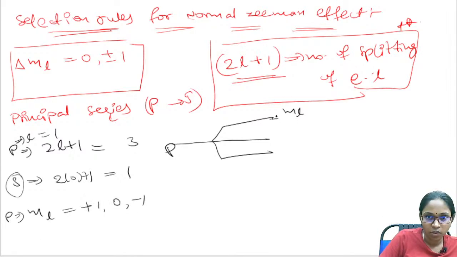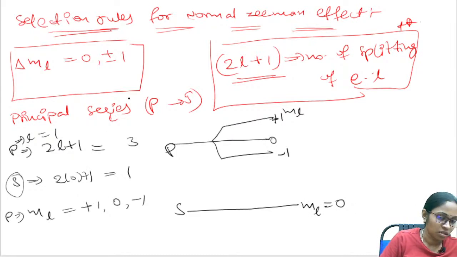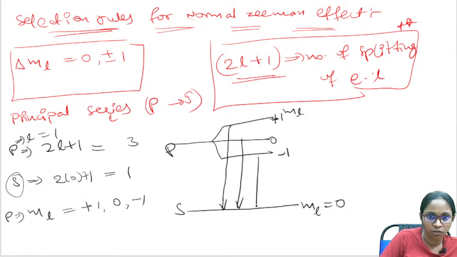For S, the ML value is 0. Now consider the transitions: from plus 1 to 0, 0 to 0, and minus 1 to 0. Therefore, this is the first line, second line, third line.